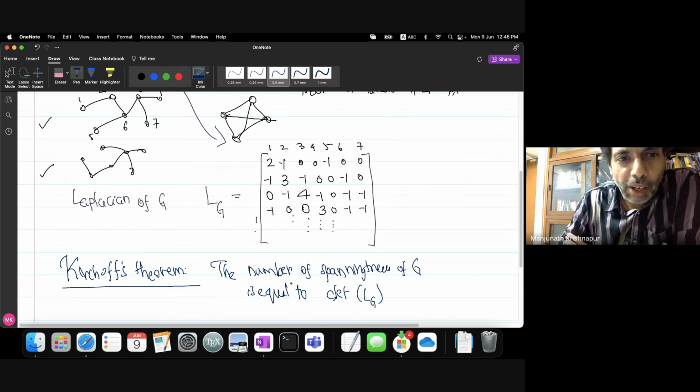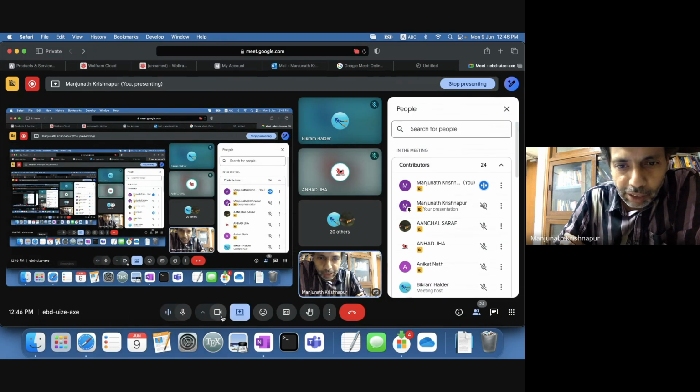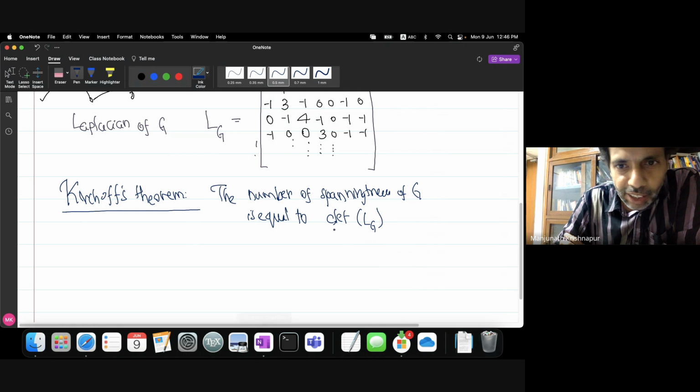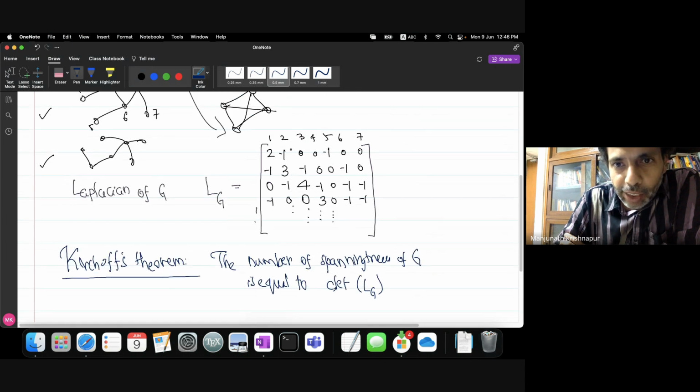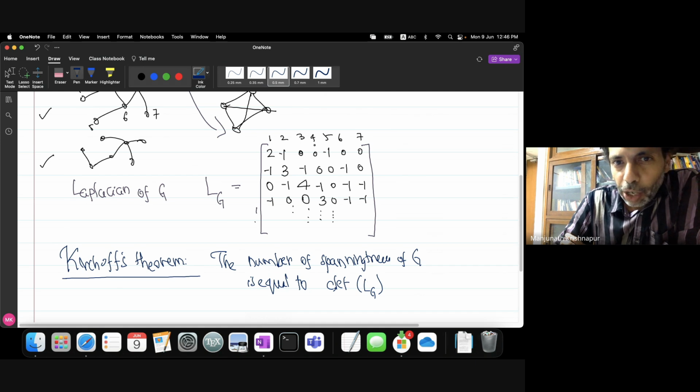Something is wrong if I state the theorem like this. Can anybody say what is wrong with this? What are the row sums of LG? It is 0. So if you sum all the columns, you get 0 because each row sum is 0. So LG is actually a singular matrix. So the determinant would be 0. So it cannot possibly be equal to the determinant of LG.